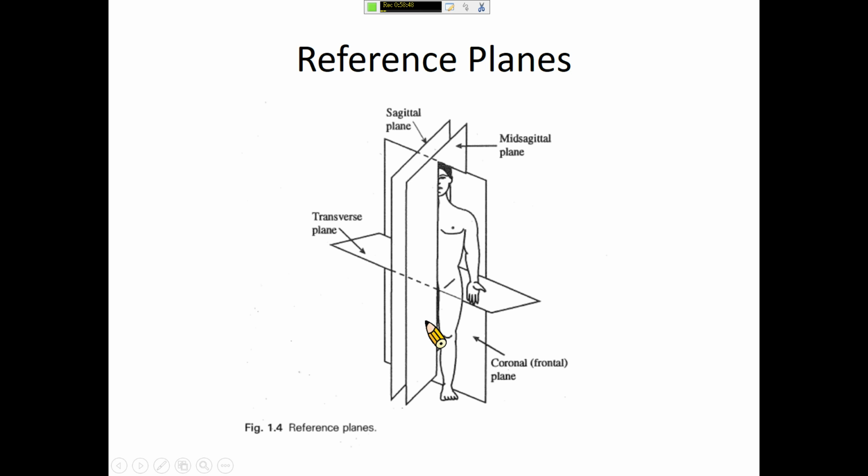You have to say, I put it on the anterior surface, about 3 inches away from the distal end of the thigh. See how we describe it?